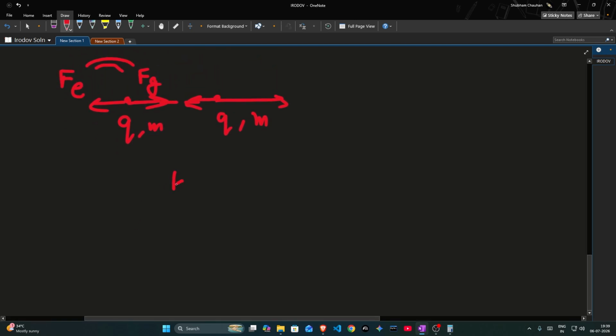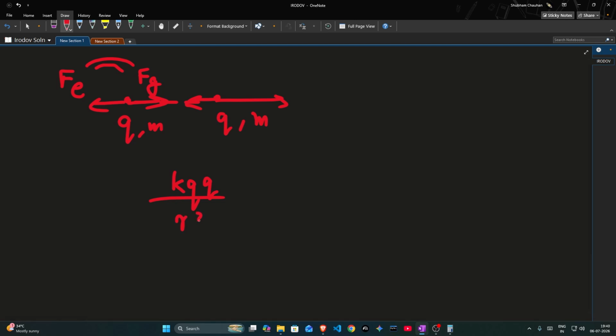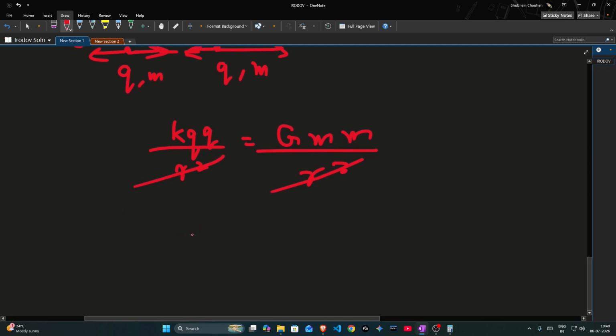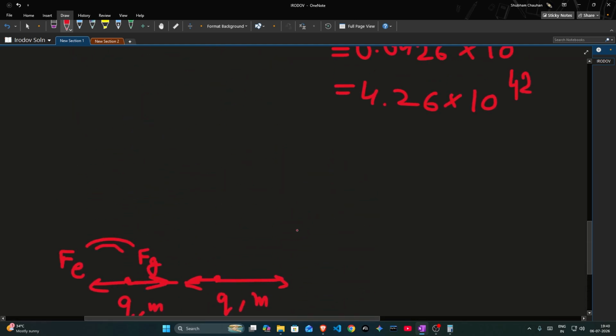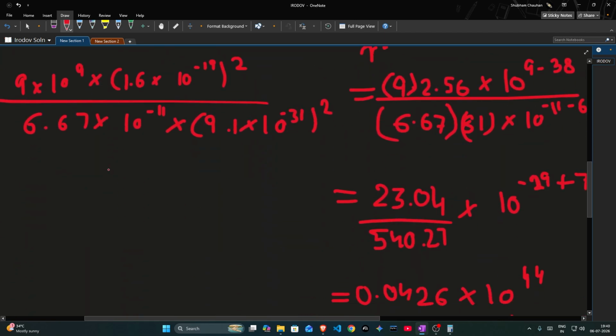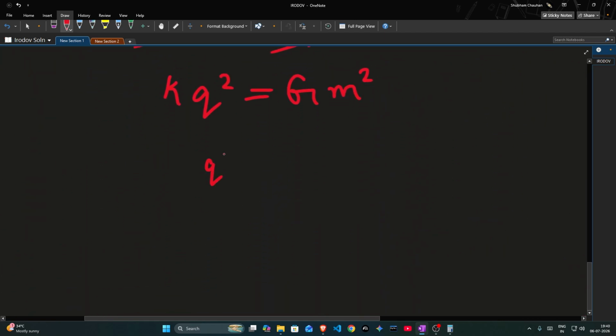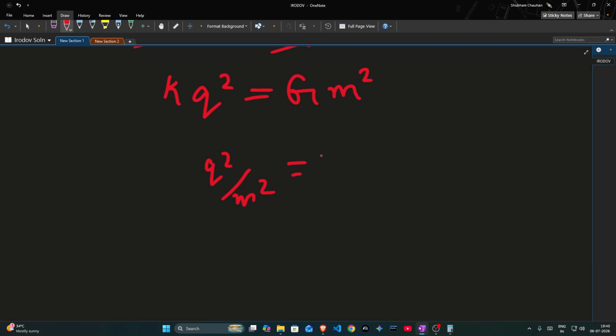We have to equate k q q by r squared to G m m by r squared. This cancels out. Now we have q squared into k equals G into m squared. We have to calculate the q by m ratio. So q squared by m squared equals G by k.